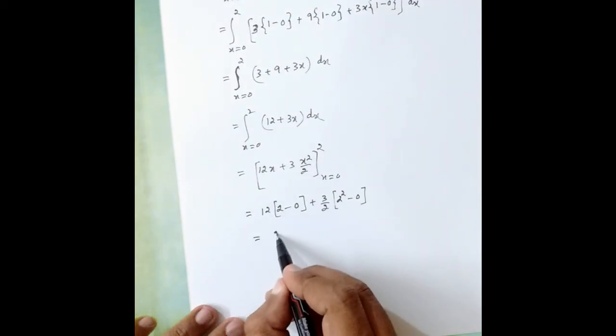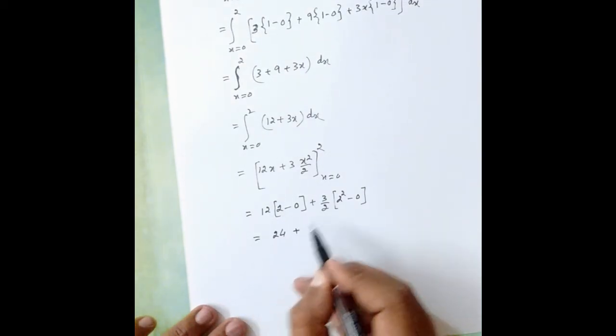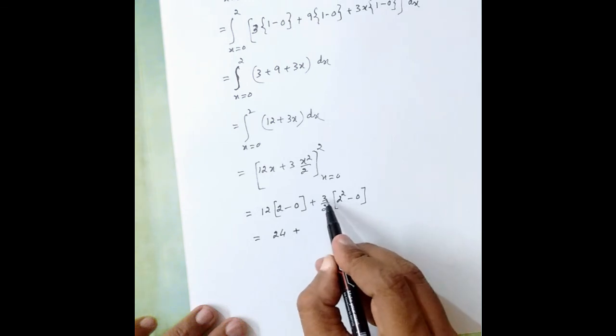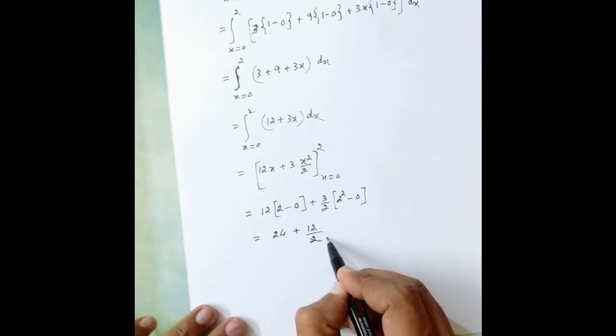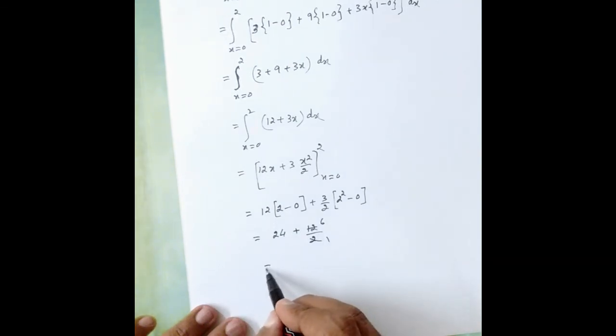So 12 times of 2 will be 24 over here, plus 4 times of 3 will be 12, 12 by 2, or if you cancel out 2 1 times 2, 6 times, you will get 24 plus 6 will be 30.